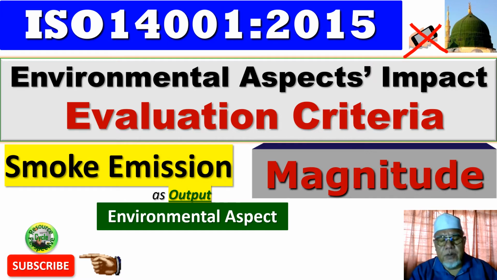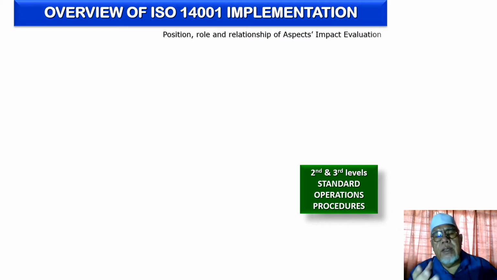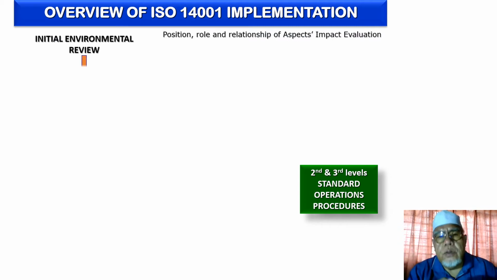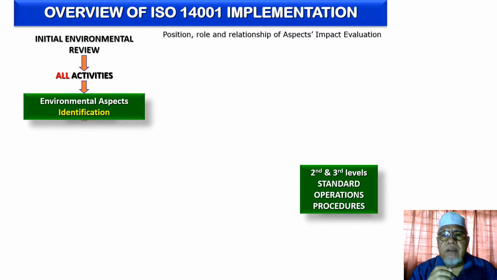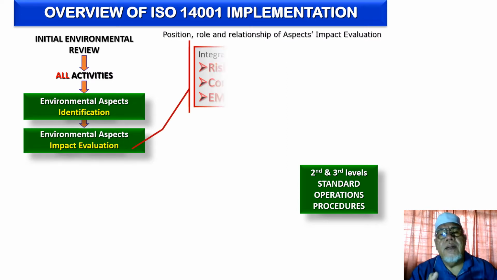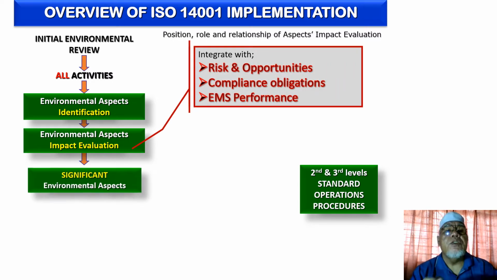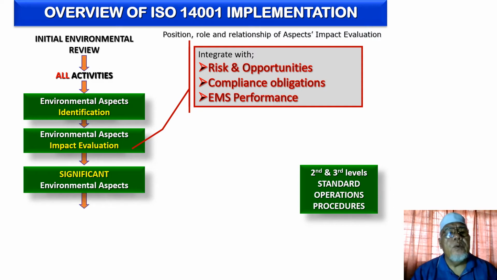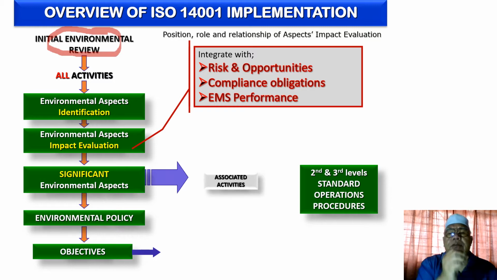All right, let's take a look at the meaning of environmental management system. I have here before you the summarized chronology of the implementation of ISO 14001 version 2015. First and foremost, if you are about to begin implementing ISO 14001, please remember this. To start off with, this is literally an audit.